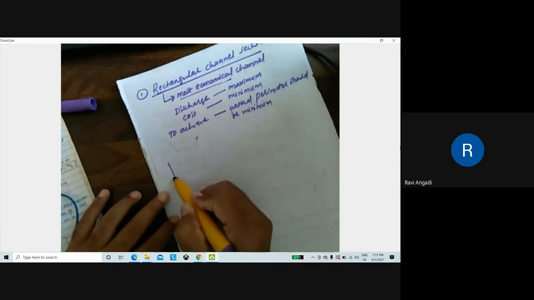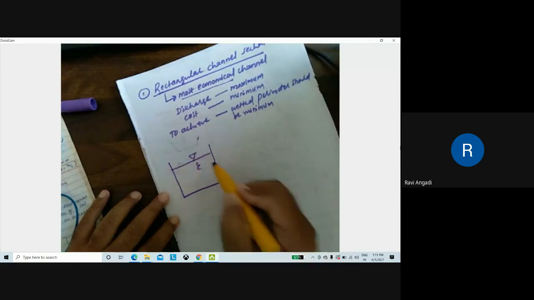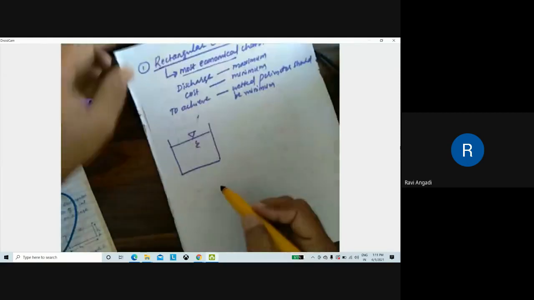Let us consider a rectangular channel section. Note this down, derivation is very important.